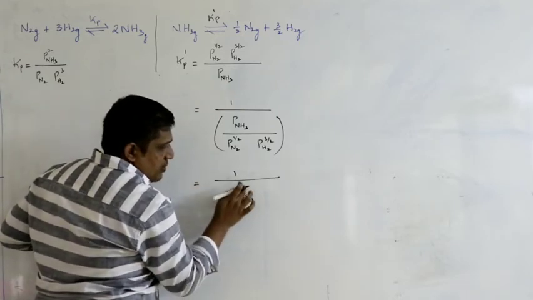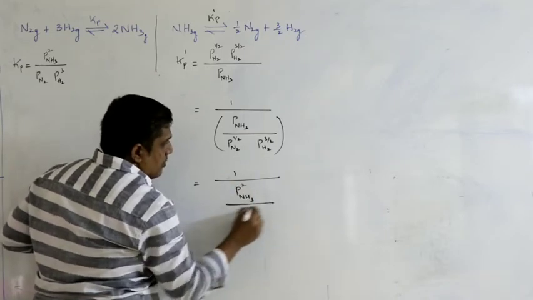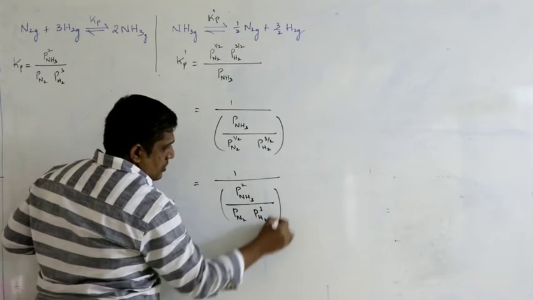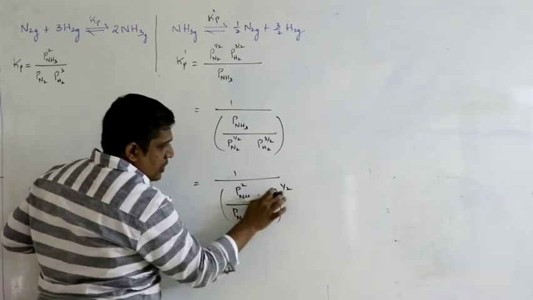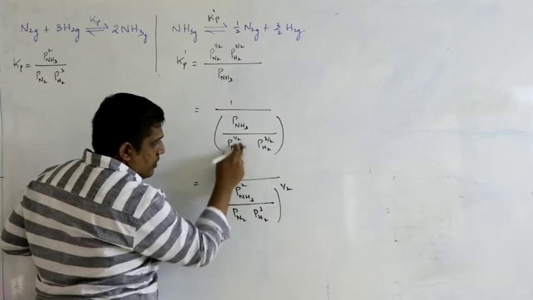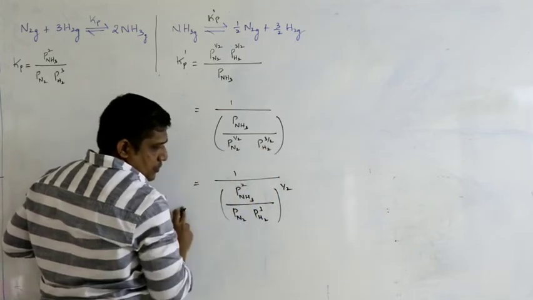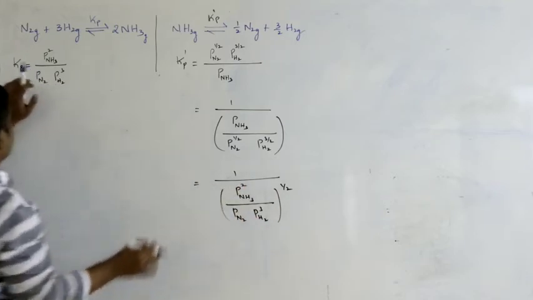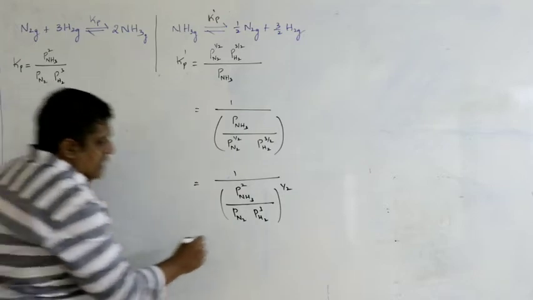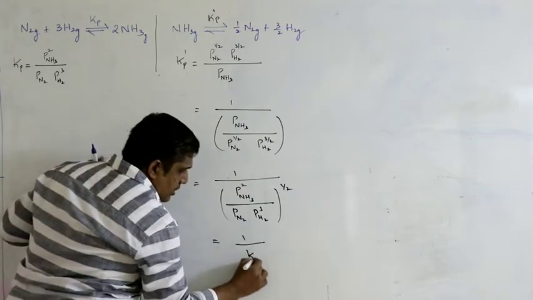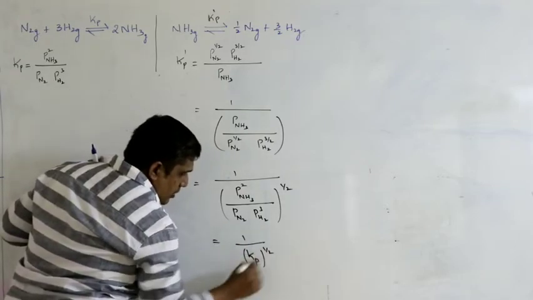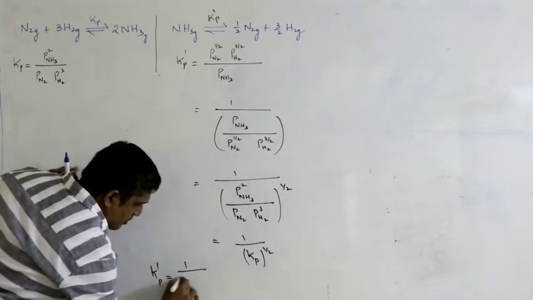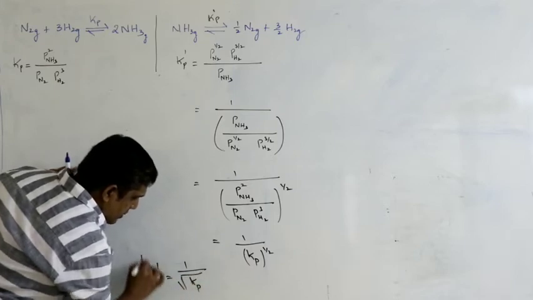If I take half common, I have to write 2 by N2 to the power half: 2 into half is 1, 1 into half is half, 3 into half is 3/2. Now whatever is inside this bracket is nothing but Kp. So I can write 1 by Kp whole power half, or K dash P equals 1 by root over Kp.